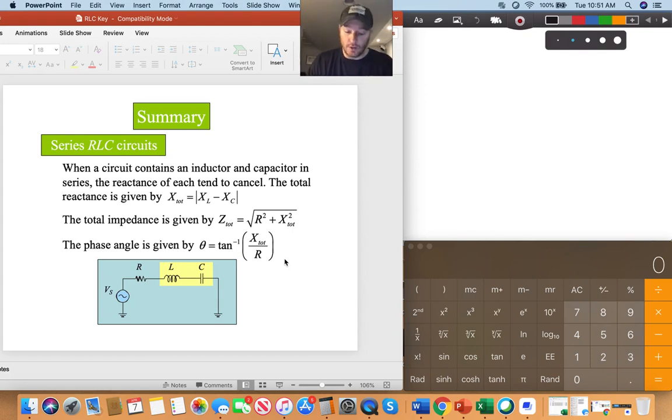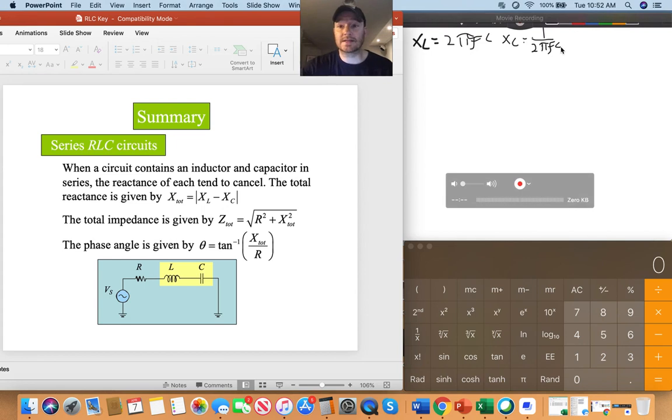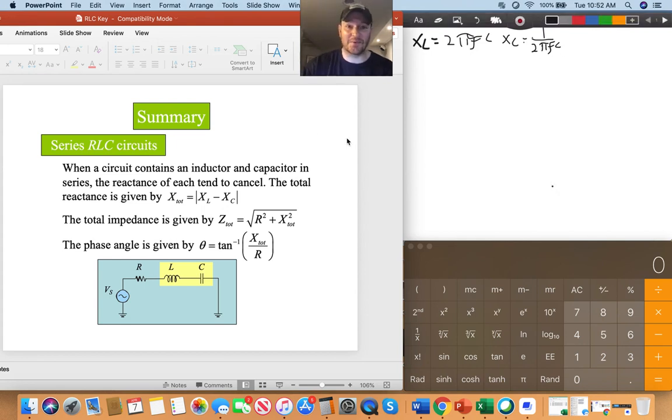So we have X_L, which is equal to 2 pi f L. We have X_C, which is 1 over 2 pi f C. So we still have those formulas. Note that this is a C, not an L. It's just like the whiteboard at school.